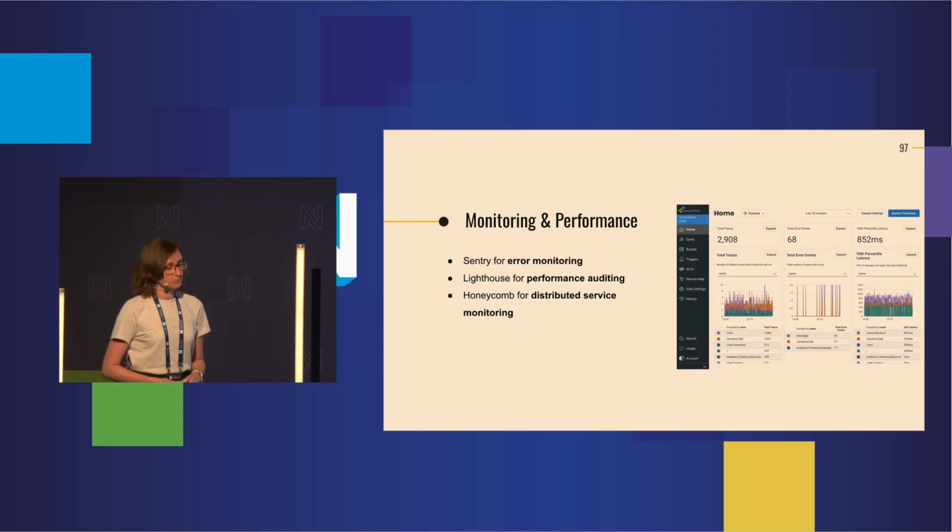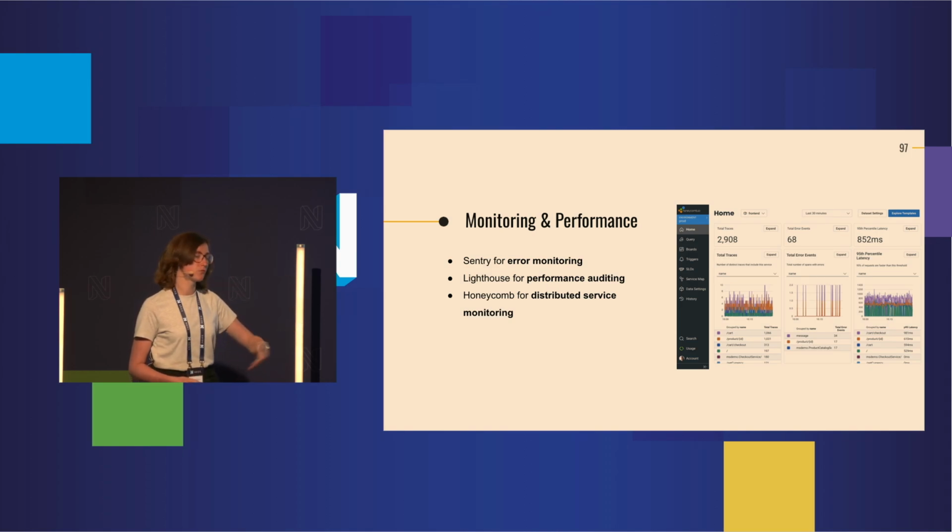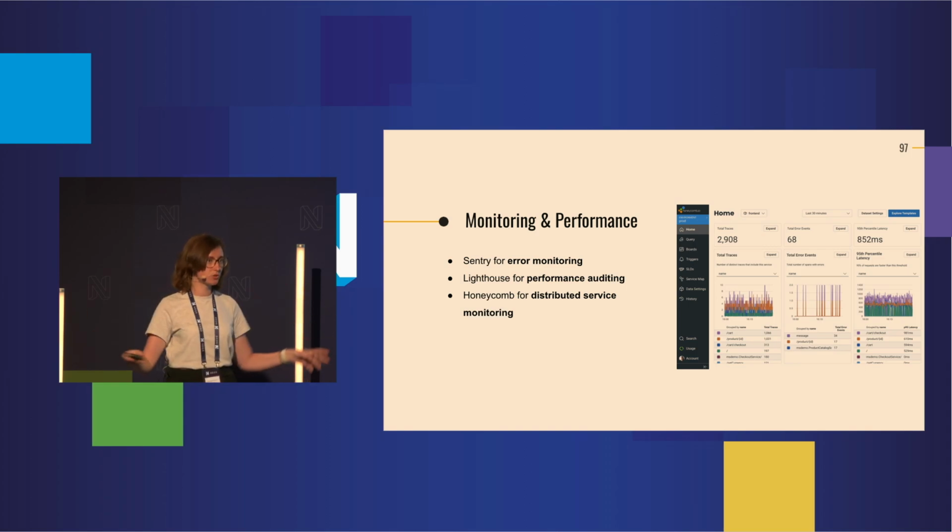And monitoring performance, the previous talk was also talking a lot about logging, is also quite important. So you need error monitoring, for example, with Sentry. You need some way to monitor your distributed servers. So your different servers you need to monitor and see, well, are some endpoints slow? Is there a lot of errors happening on some backend area?